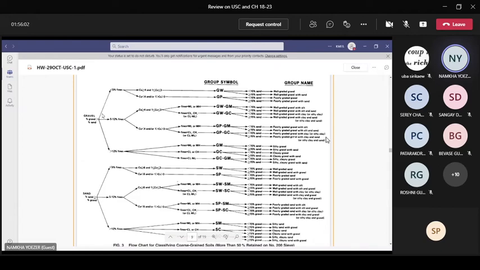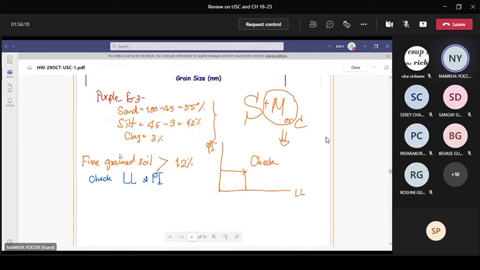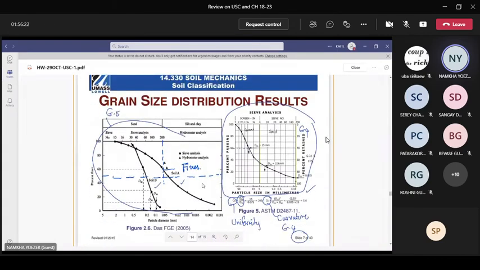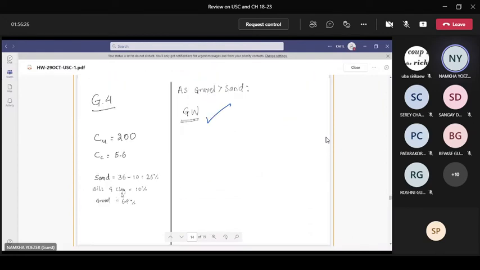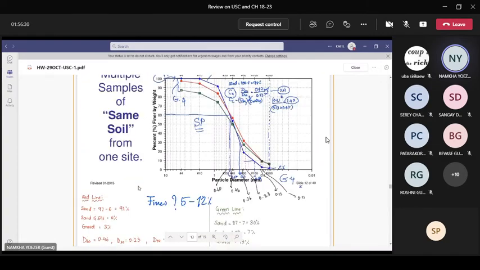After that, we have to determine how much percentage passes the sieve number 200, the sand and silt. In this question, we have sand and silt and clay with 10%, so it should be between 5 to 12%.